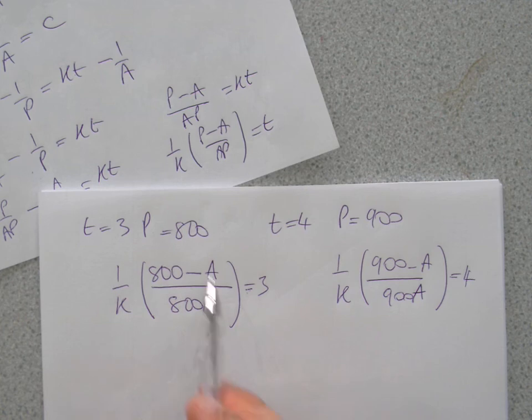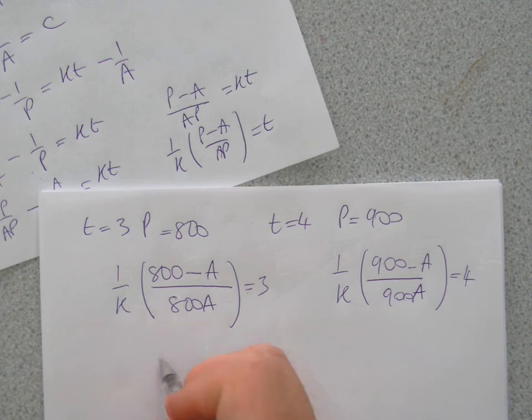Here we want to work out A, that's the idea. But we've got this constant k as well, so for simultaneous equations we need to eliminate it.